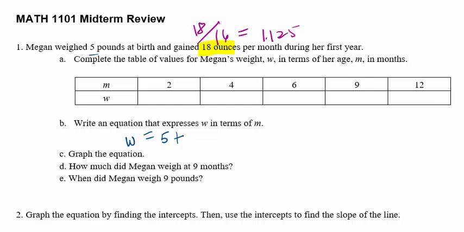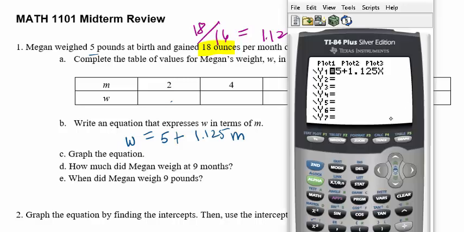So altogether, we have W is equal to 5 plus 1.125 M as our formula. And then we can fill in these values in the table kind of quickly. Okay, so I've gone to my calculator in Y1. I've entered the function.